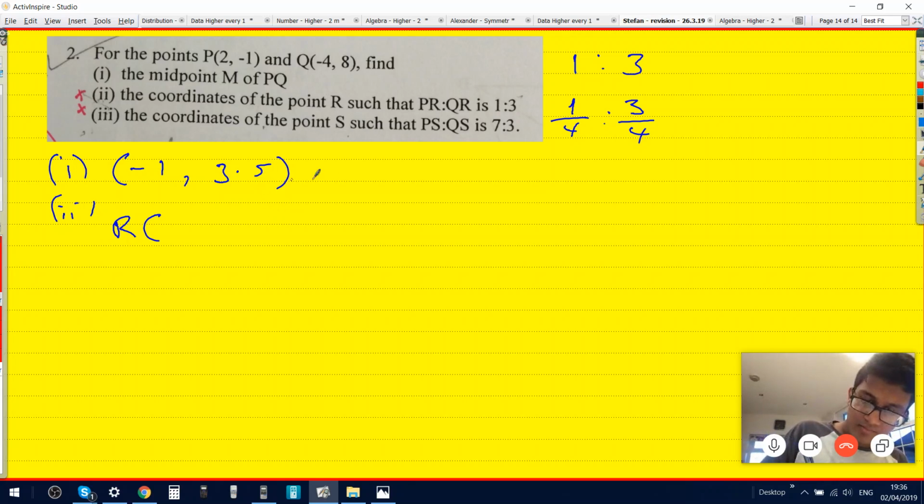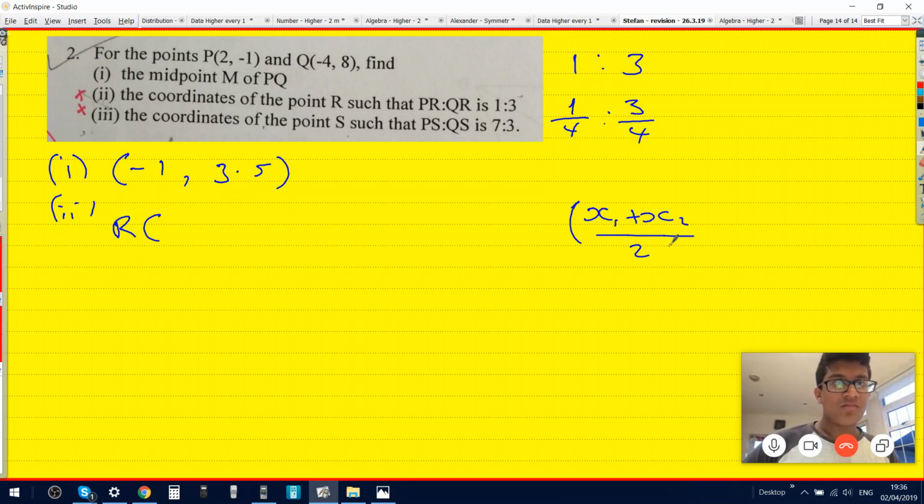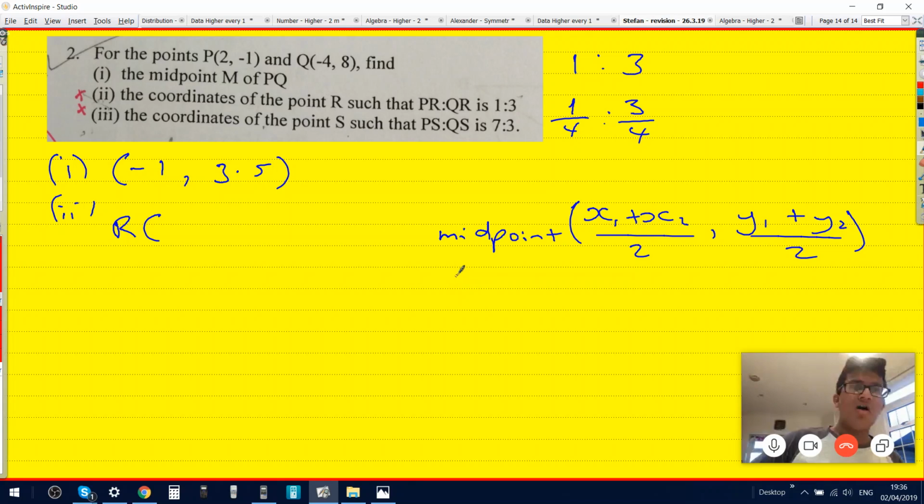Usually the way you'd find the midpoint is you would add the x's and half it. So first x plus second x over 2, and then y1 plus y2 over 2. So you just add them. And for the quarter point, you would do the same thing except over 4. So you can just add them, 2 plus minus 4, and get a quarter of the answer.